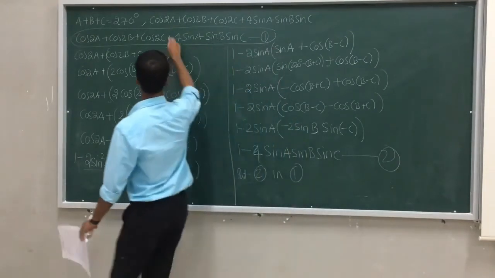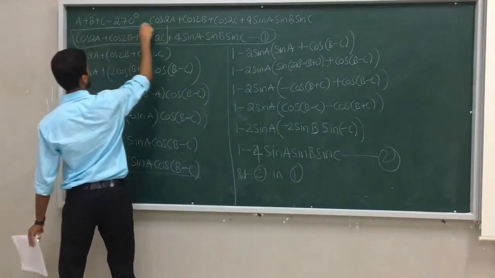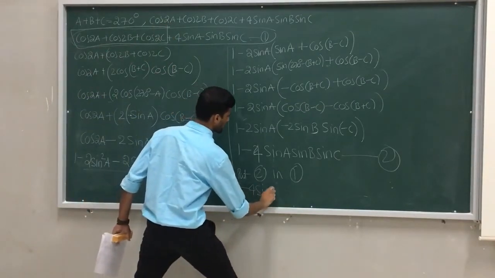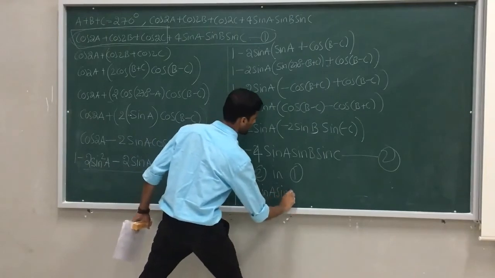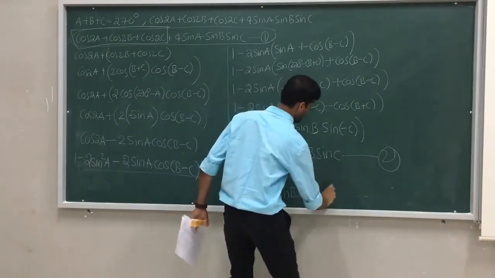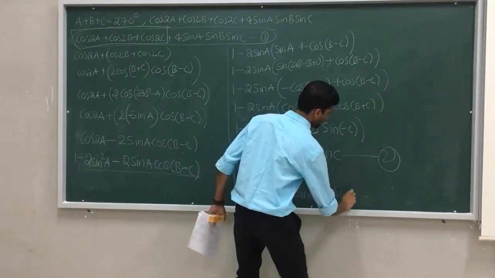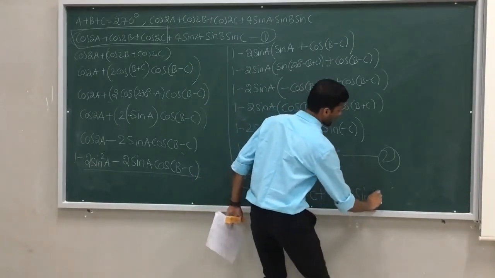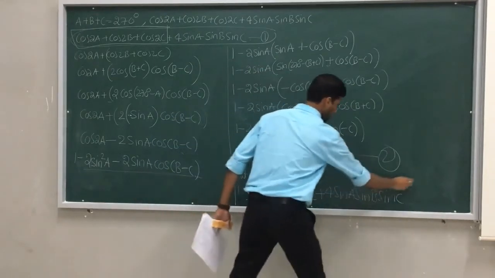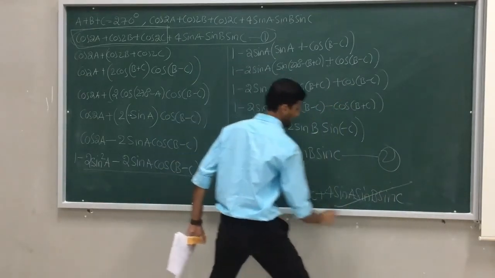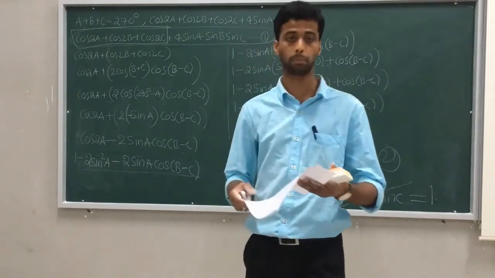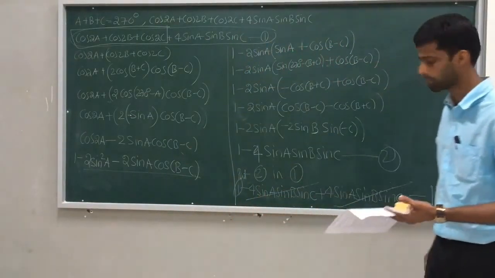From this step I got the answer as 1 minus 4 sin A sin B sin C, which is the remaining term, plus 4 times sin A sin B sin C. These two terms cancel, and you are left with plus 1 as the answer. Therefore, the right answer for the 28th question is plus 1, which is option B.